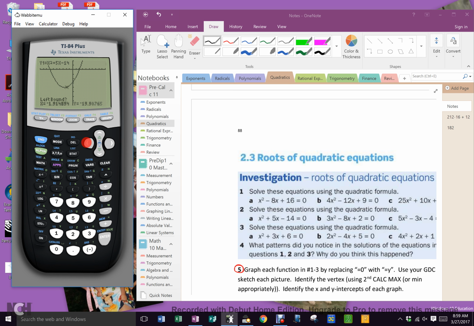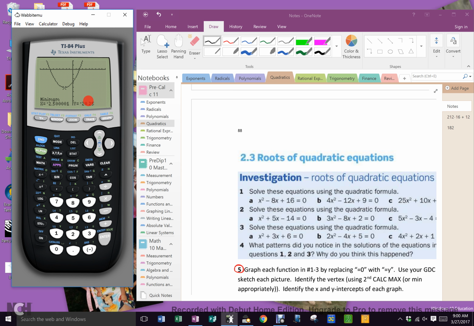My piece of crap, I got to tap it 1,000,000 times. So now I'm to the left, enter. Then I got to go back to the right. Enter, yes. And there's my minimum. Negative 2.5 and negative 20.5. It even gives me the X and Y coordinates. Was everybody able to do that?